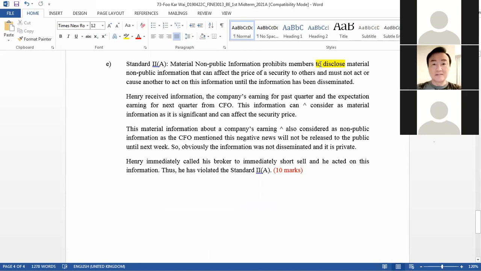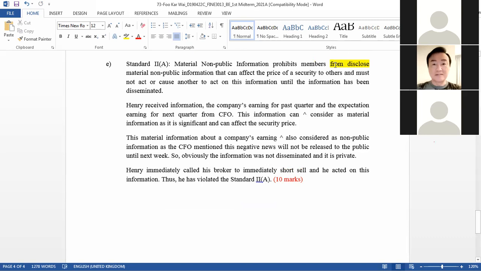To disclose, right? From disclosing, right? From disclosing. All right. Okay. So in its totality, you mentioned past quarter and the expectation for next quarter, that's a good part. But there's some omission here. This information can be considered as material information.